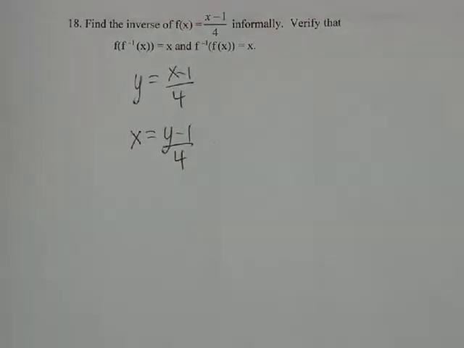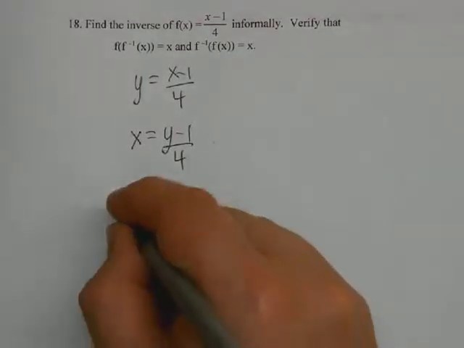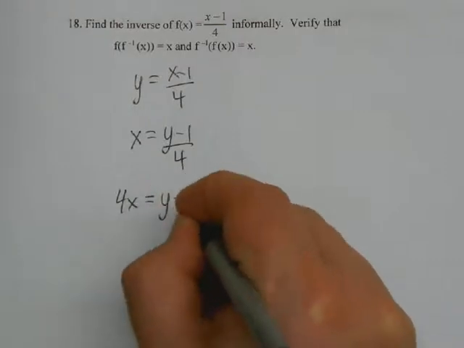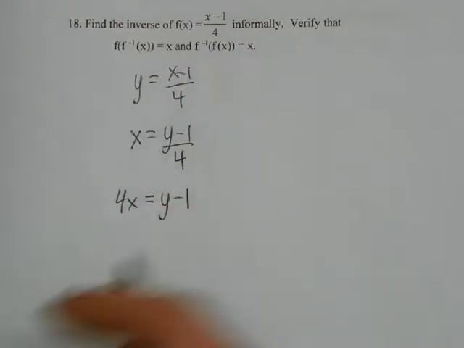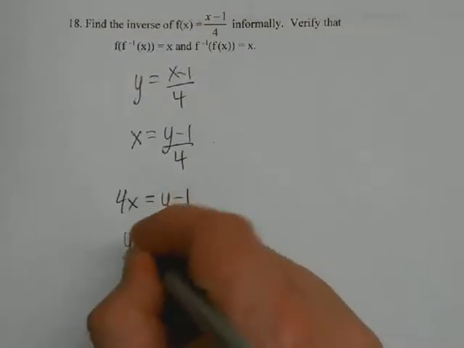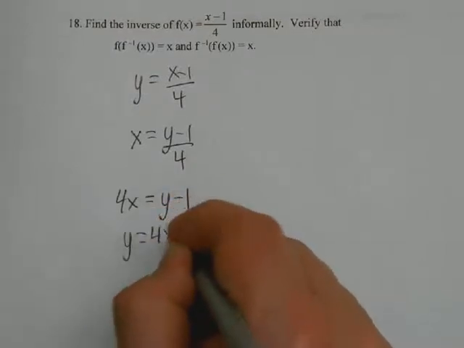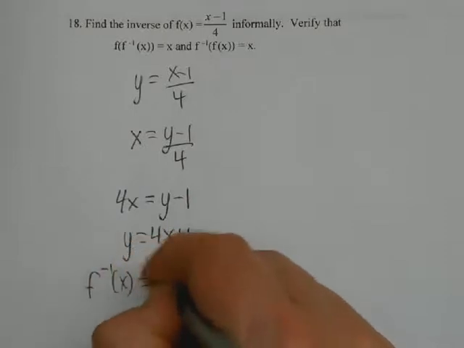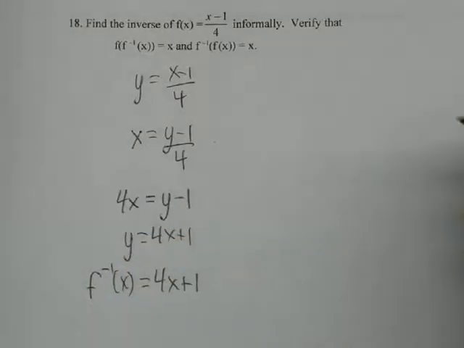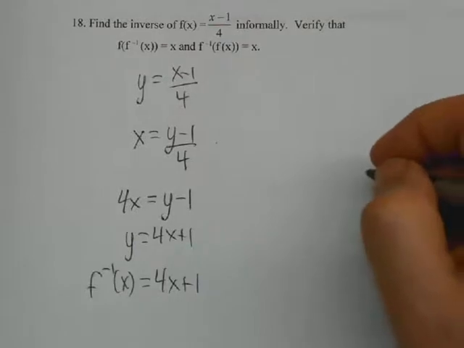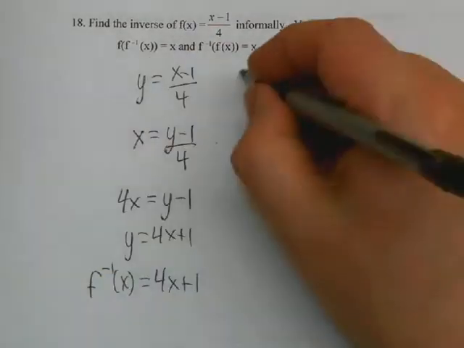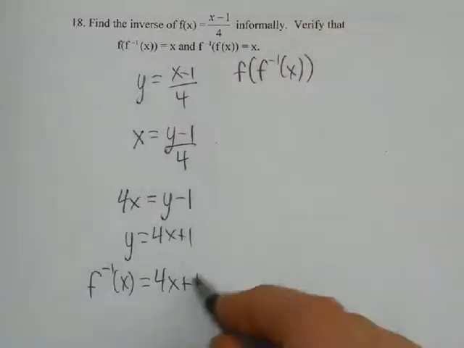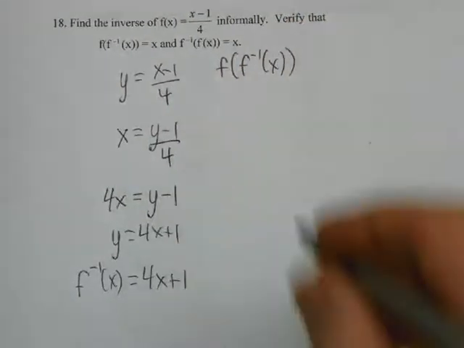So we'll multiply both sides by 4, giving us 4x equals y minus 1. And then add 1 to both sides, y equals 4x plus 1. So f inverse of x is equal to 4x plus 1. Now the verification part for the first one, we'll go ahead and plug this into function f.